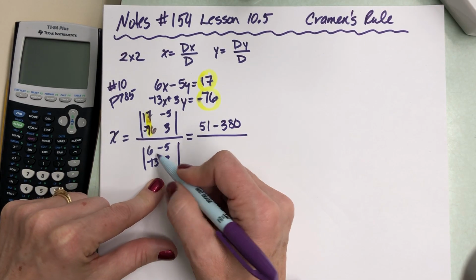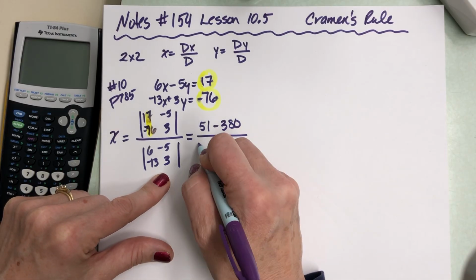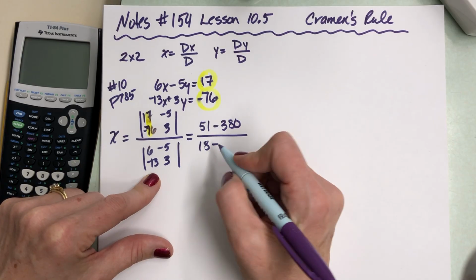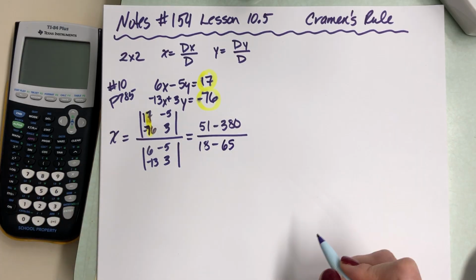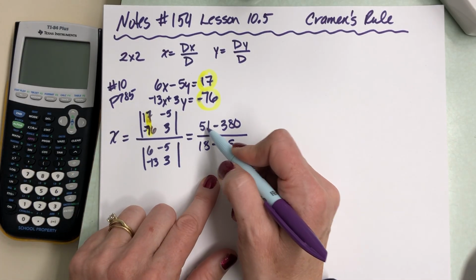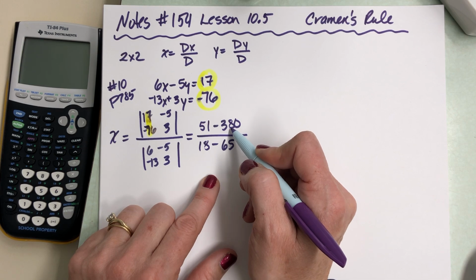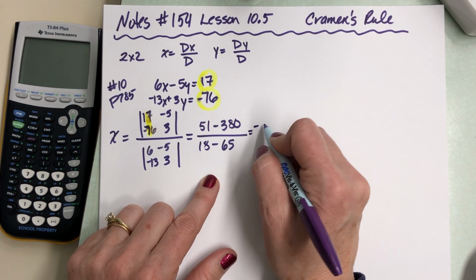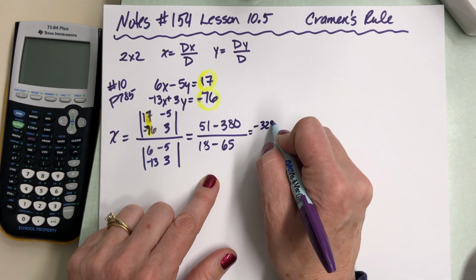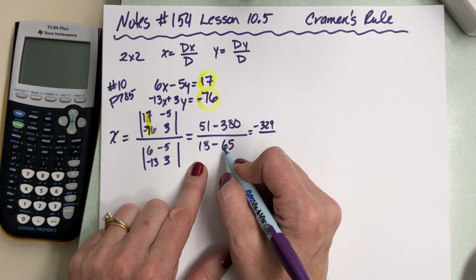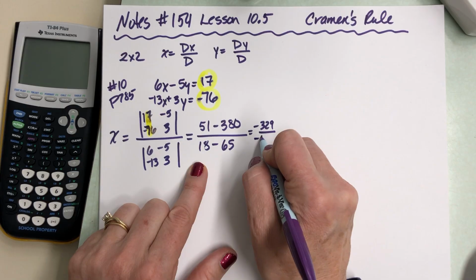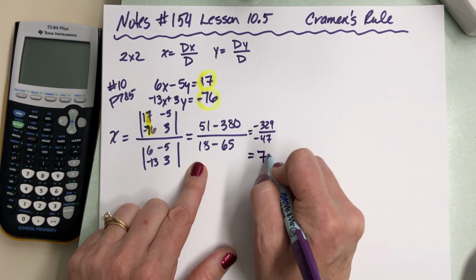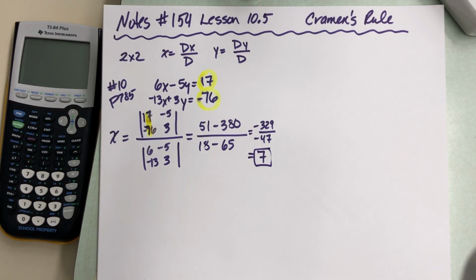And then my determinant down here: 6 times 3 is 18, minus negative 13 times negative 5, which is 65. All I have to do is my calculations. 51 minus 380 is negative 329, over 18 minus 65, which is negative 47. And you know that right off the top of your head: 7, right? X is equal to 7.